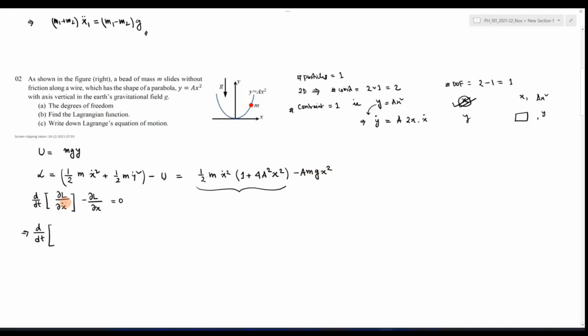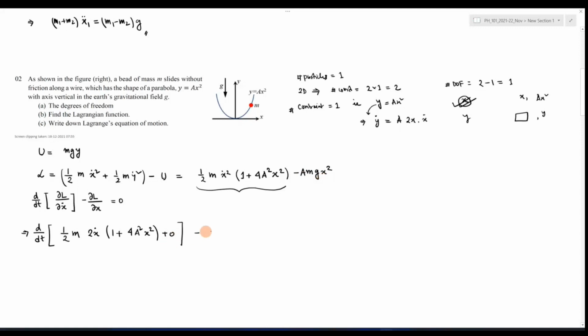So let us find dL/dx dot. Half m, the partial derivative of this term with respect to x dot will be 2x dot, and this is simply constant, 4a square x square, plus 0. This 0 is coming because there is no x dot in this term.